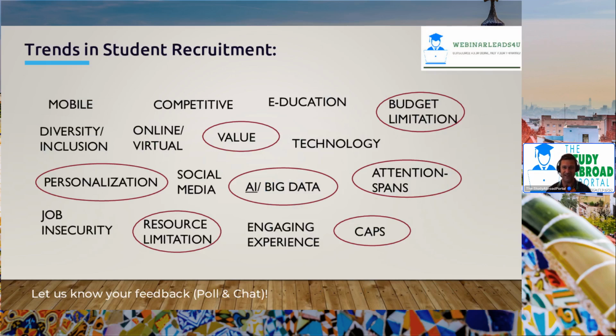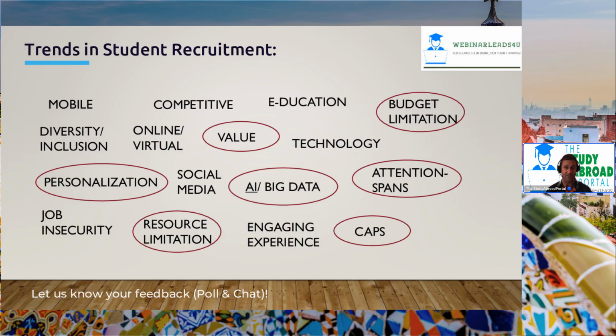Now, over to the topic: some trends in student recruitment. You can see some words on the screen. Of course, providing value to students is a big part, but also budget limitations, AI, reducing attention spans, and currently also caps and budget cuts in a lot of countries, and probably some resource limitations you might face.